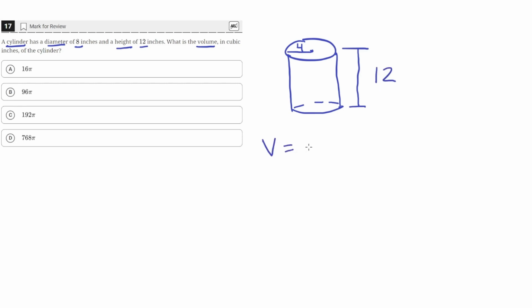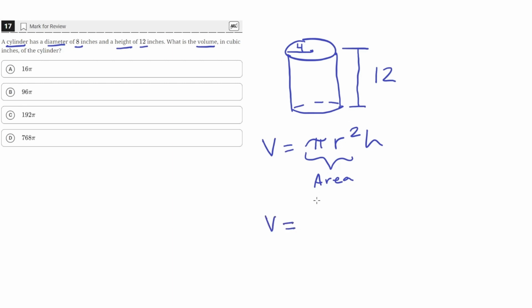So then we can just use the formula for the volume of a cylinder, which is just pi r squared times the height. This part right here, the pi r squared, is just the area of the circle on top, and then we multiply it by the height, which is kind of like stacking a bunch of small circles or discs for this much height, which gives us the volume of this cylinder.